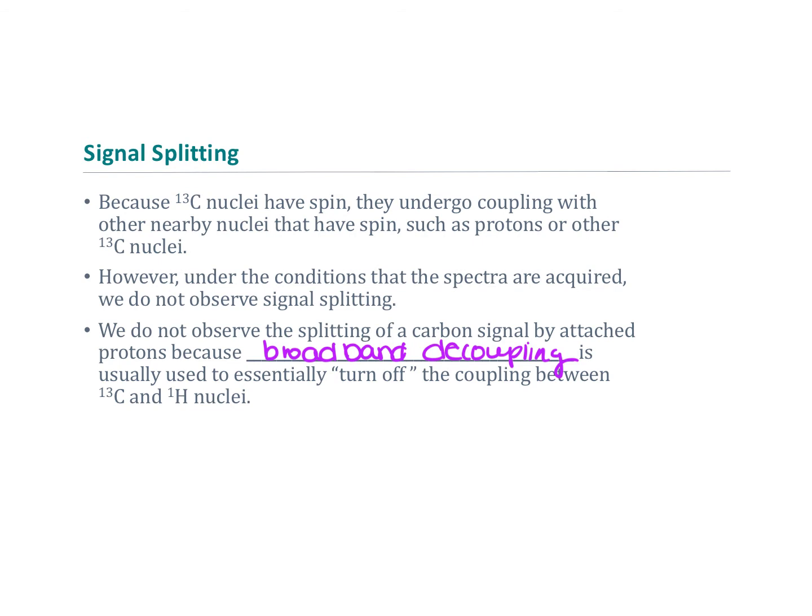One of the reasons we use broadband decoupling is that it causes the signal intensity to increase, which helps with interpretation of the spectra. What this means for us is we get better spectra, but we're only going to see those singlets. The disadvantage, of course, is that we only see the singlets, but there are different NMR spectra that we can use that can help us with that.